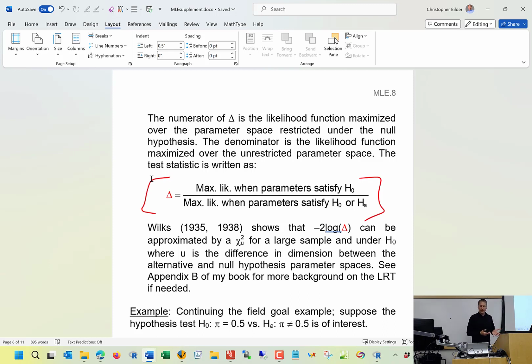That's the numerator. The denominator is a little more general. It says, what's the maximum possible value that the likelihood function can take on when the parameters satisfy either H0 or your alternative hypothesis, HA. So what's in the numerator is like a subset of what's in the denominator, because I have H0 here and H0 or HA there. And so it's a ratio that is always going to be between 0 and 1. Okay?